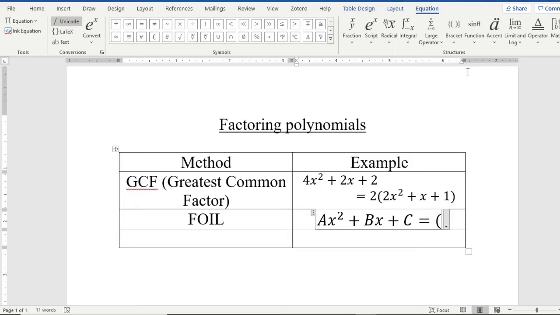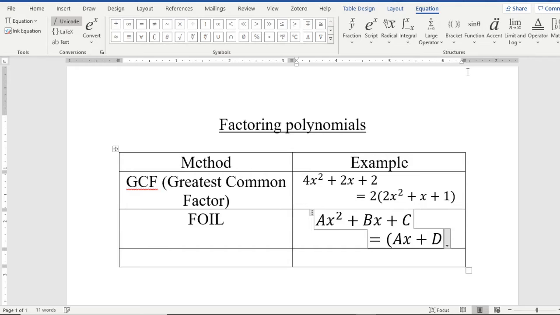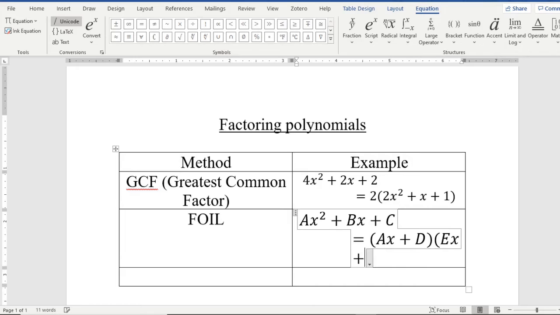Well, you'd have the factors of a, so that's going to be ax, plus another letter d, which is the factors of c, and then another one, ex plus f.